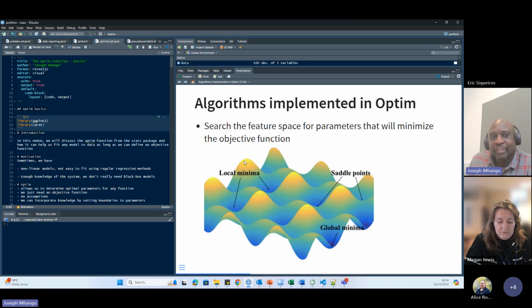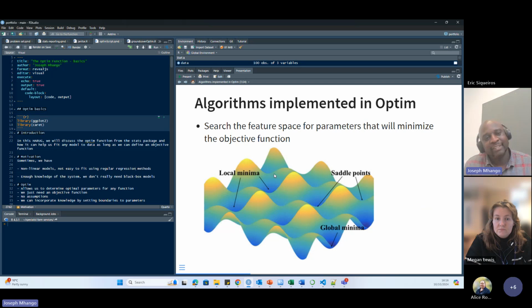Then it reduces that, maybe tries m equals 0.5, and it realizes that when it tries m equals 0.5, the error is 60, and 60 is here. It will try again m equals 2, and it finds that the error is somewhere here on the slope.